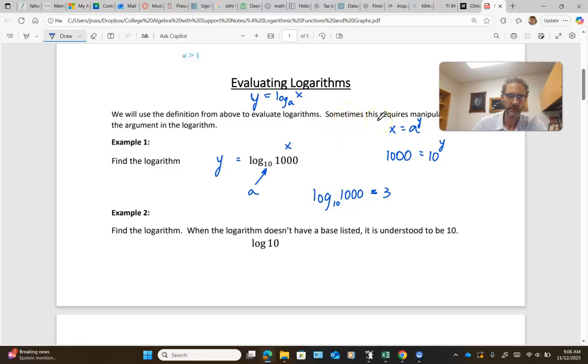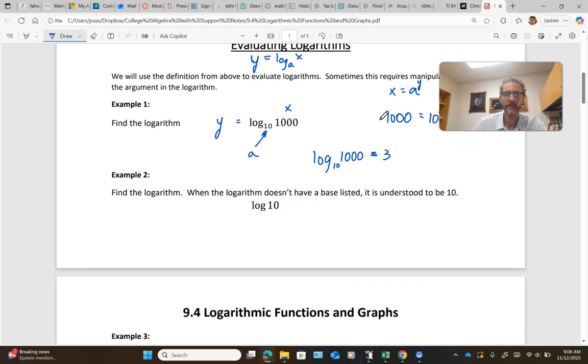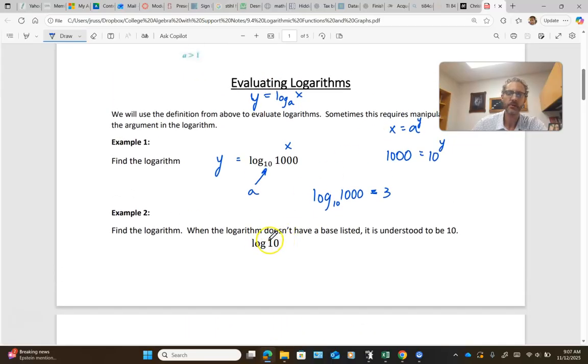Alright, let's look at example 2. Now sometimes you may see logarithms without a base explicitly written, and anytime that occurs, the base is understood to be 10. Okay, so 10 is actually a very common base for a lot of logarithmic functions, and so similar to how the index isn't written for square root, they don't put a 2.